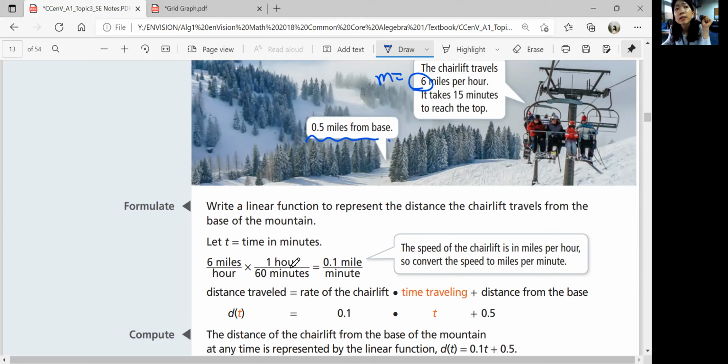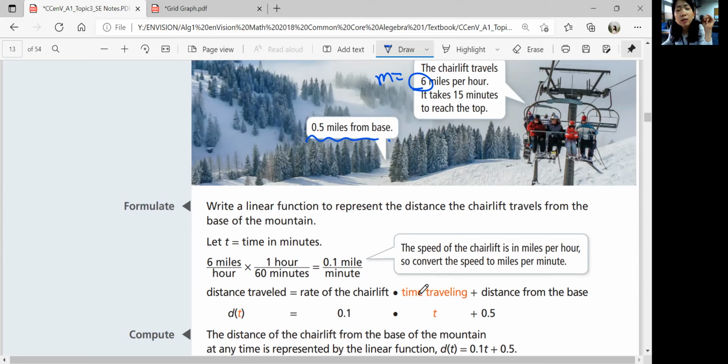So we're going to change it from hours to minutes and figure out our new slope, which doesn't change. The slope is still 6 miles per hour, but in another conversion, it's 0.1 miles per minute. That's our same slope.